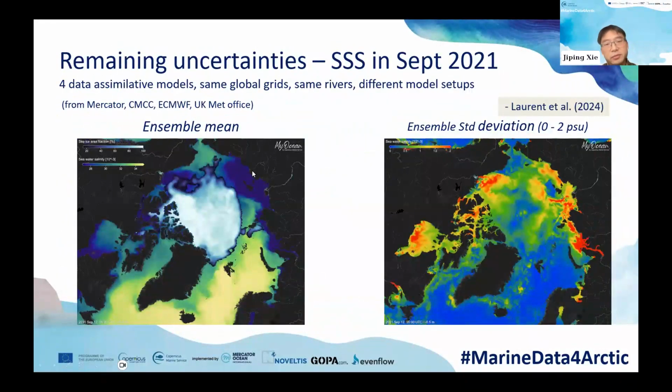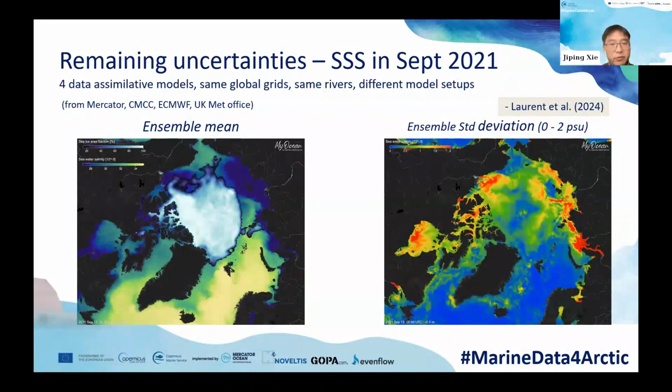So here I borrow two figures from my colleagues from Bertino. Thanks to Rezak for giving so many useful introductions about MyOcean. These two plots are also obtained from MyOcean.